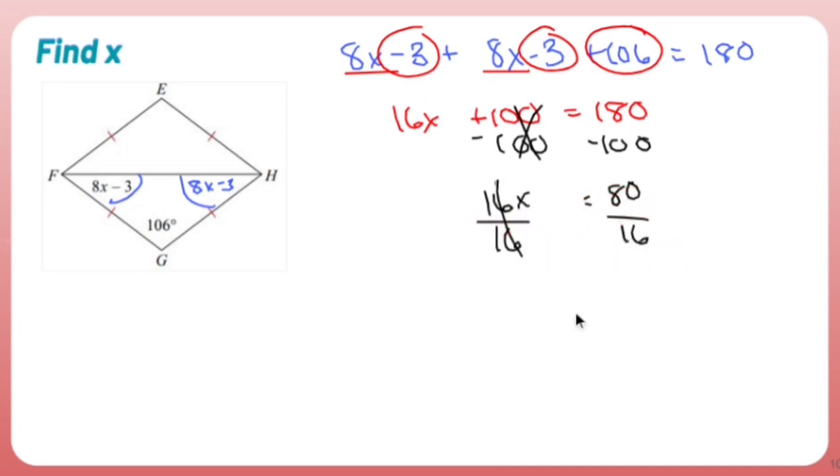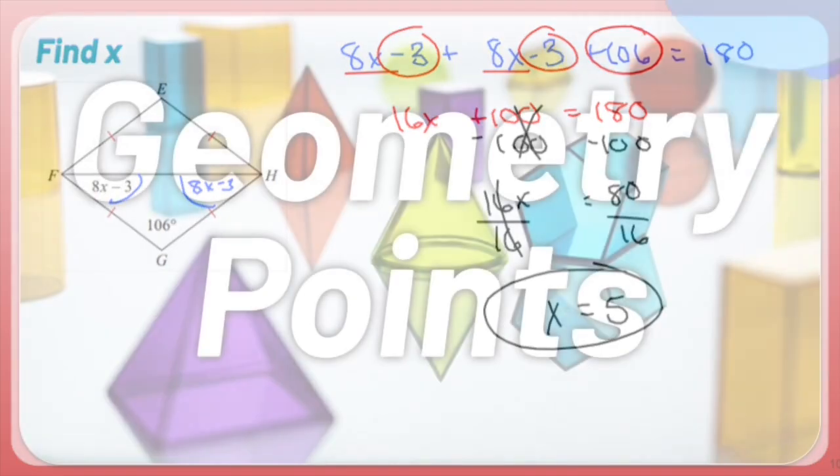And 80 divided by 16 is 5. We're being asked to find x, nothing more, so x is 5. And if you wanted to double check your work by plugging in 5 for x, you get 40 minus 3 and 40 minus 3, and then add all that up, you get 180, but I'm going to leave it like that. Okay? Dunzo.